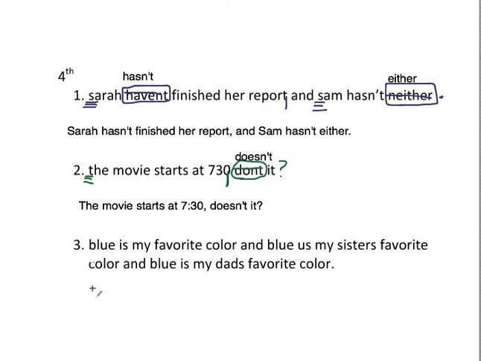So my thought is, we're talking about blue, and we're talking about 3 people who have blue as their favorite color. So what I'm going to do is type it up to make it sound right, and I'm going to make some edits as I'm rewriting it. Like, I know the beginning of my sentence needs to be capitalized. And so what I'm thinking I'm going to write is blue is my sister's favorite color, my dad's favorite color, and my favorite color. So I'm going to capitalize.